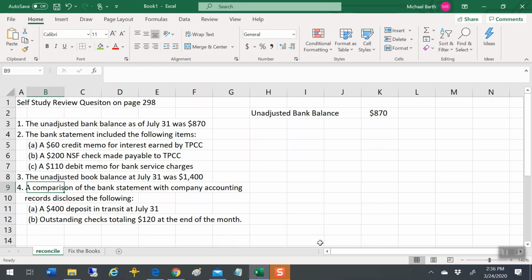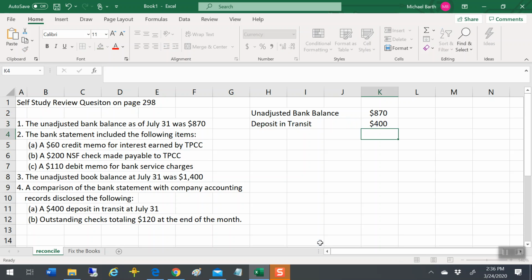To get the bank statement adjusted, we have to record anything the bank doesn't know about. First things first, the bank doesn't know that we made a deposit, so there's a deposit in transit that the bank hasn't received by the time they processed our bank statement.